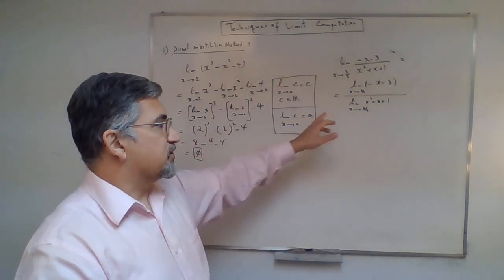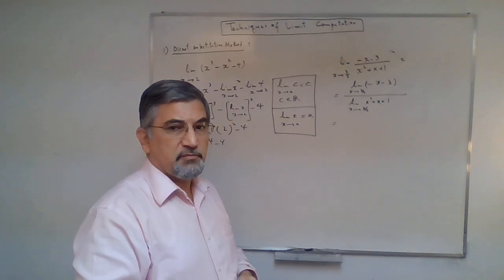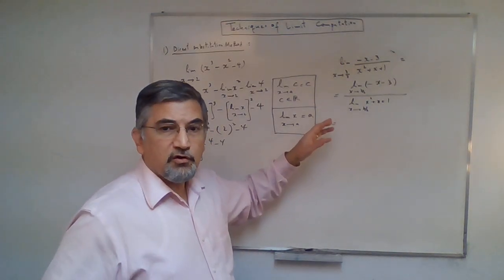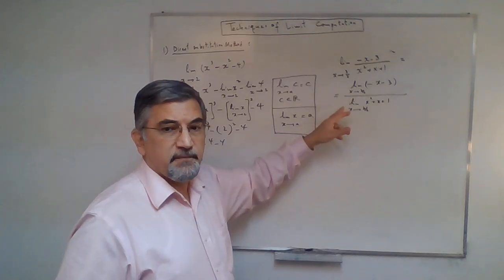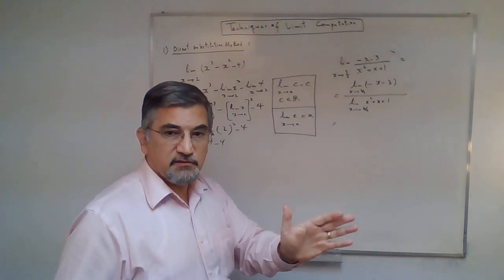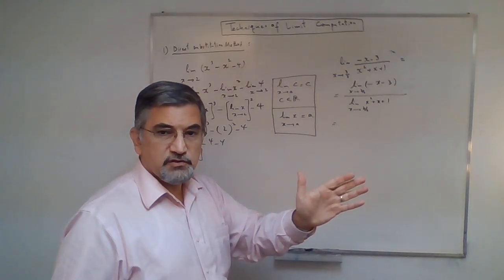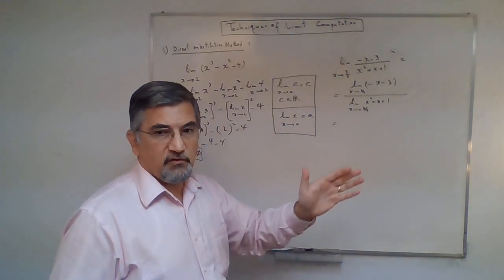So the limit of the quadratic trinomial at the bottom should not be 0. With that assumption, according to what authority did I write this? It is because of the properties of limits, because we know that the limit of the quotient of two functions is equal to the quotient of the limits of those two functions.